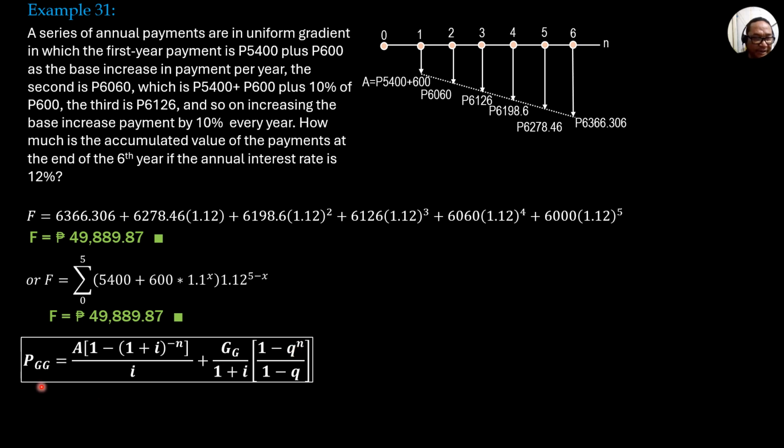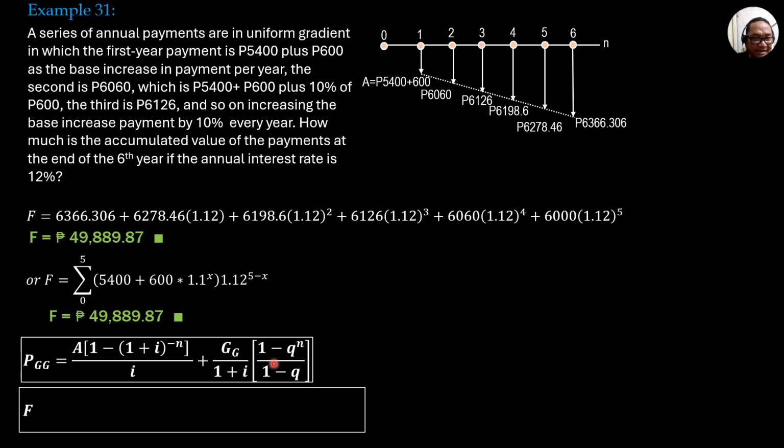The future worth is simply multiplying the present worth by 1 plus I to the n. If we multiply these two terms by 1 plus I to the n, the first term becomes the future worth of annuity, which is A over I, quantity 1 plus I to the n minus 1.